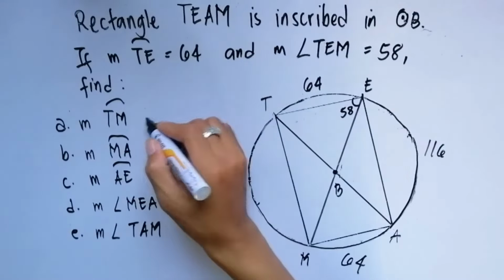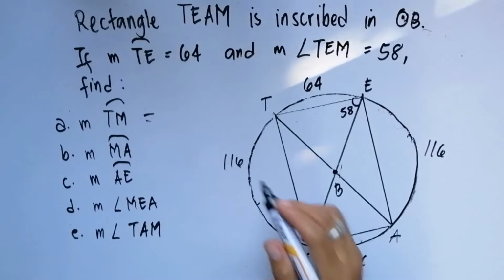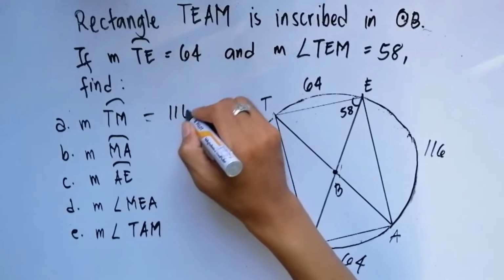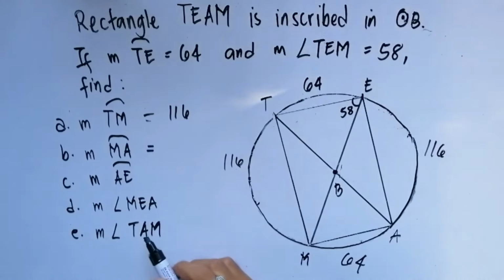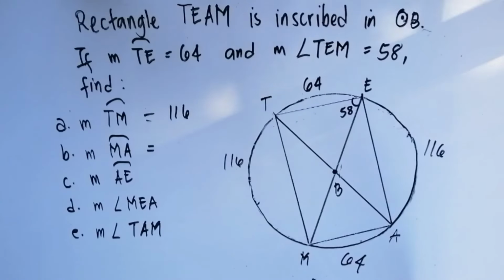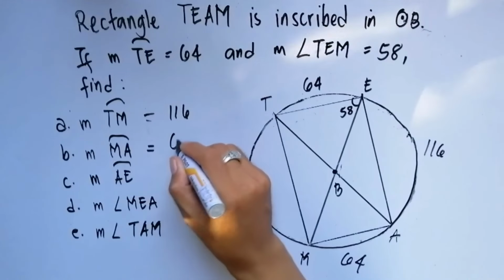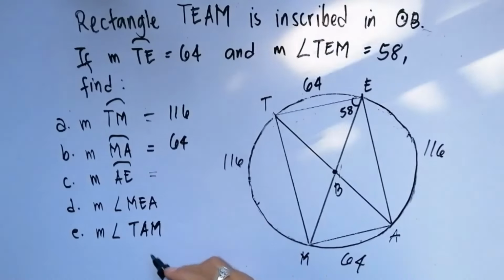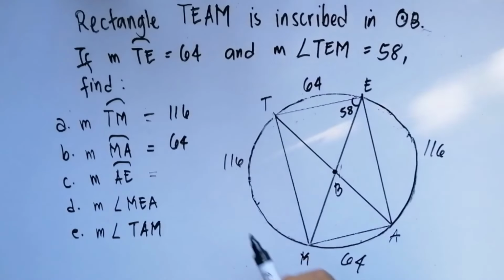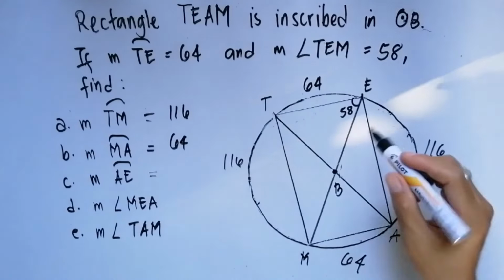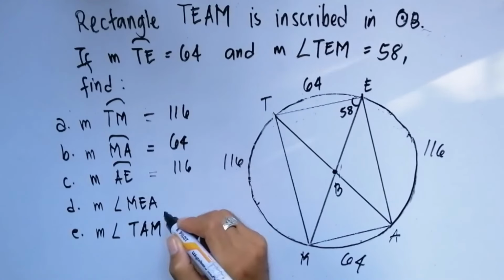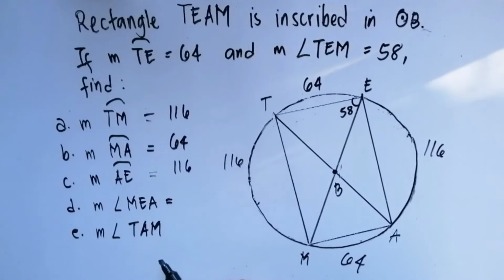Then what is the measure of arc EM? EM is equal to 116. The measure of arc MA is 64. Then the measure of arc AE is 116. Then the measure of angle MEA.